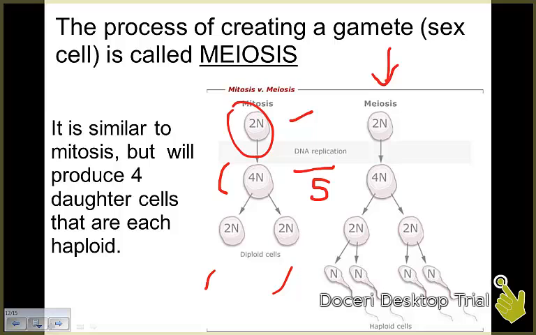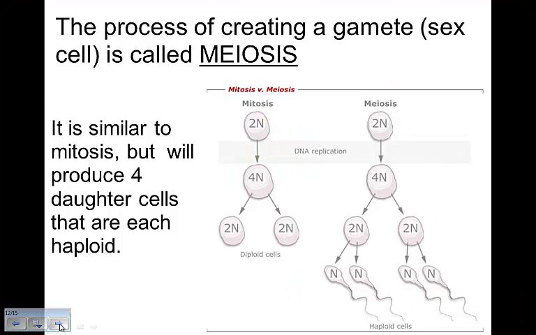In meiosis, we start with the 2N, go through replication, the synthesis, we have 4N, we end up with 2N after the first division. So we go from 1 to 2, but then we go through meiosis 2, and we end up with 4. So we go from 1 to 2 to 4 with meiosis, where we only go from 1 to 2 in mitosis.